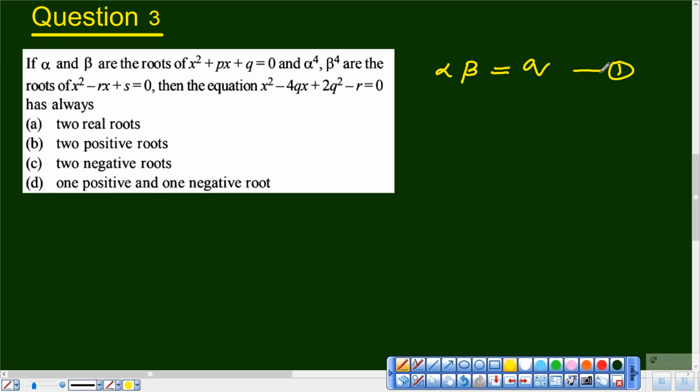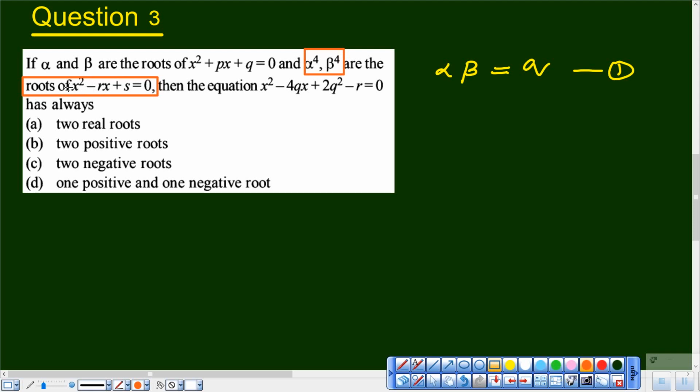What is the sum of the roots for the second equation? The second equation is given to have roots alpha raised to the power 4 and beta raised to the power 4, and the equation is this. So you forget about the product of the roots here. I'm interested in the sum of the roots. What is the sum of the roots? Alpha raised to the power 4 plus beta raised to the power 4 would be minus the linear x coefficient upon the quadratic x coefficient.